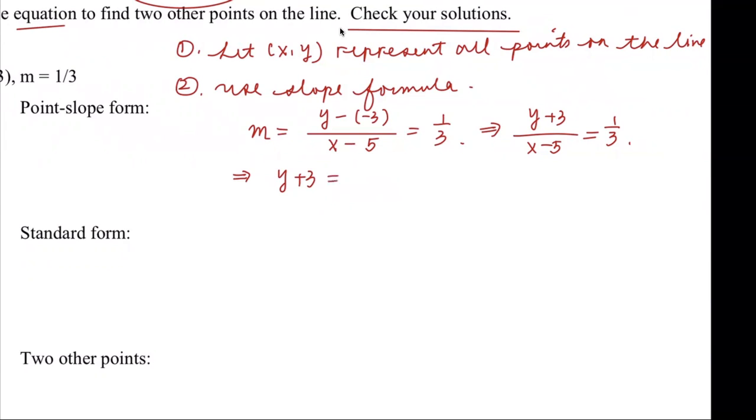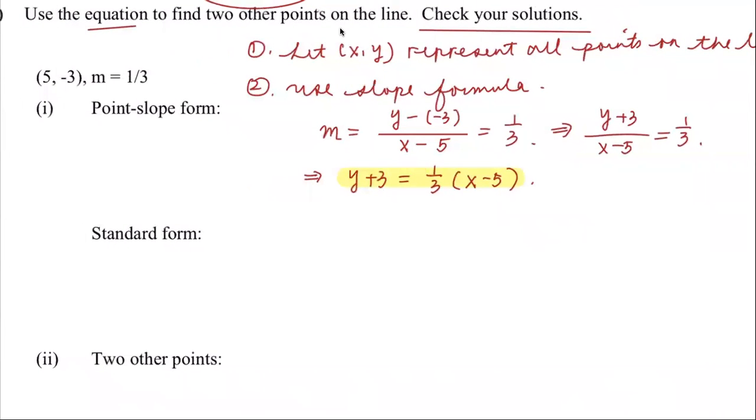This is equal to 1 over 3 times x minus 5. Simple as that. This is the point slope form of the equation, so this is your answer for part 1.